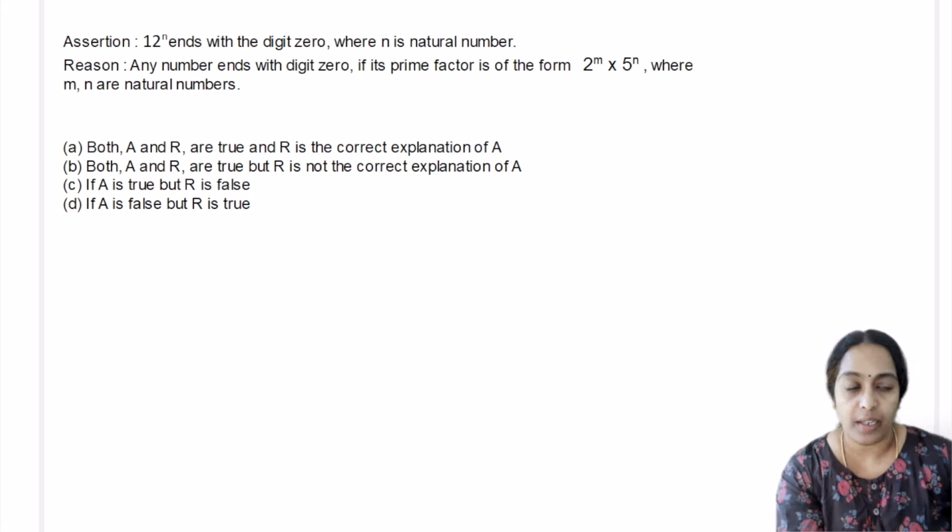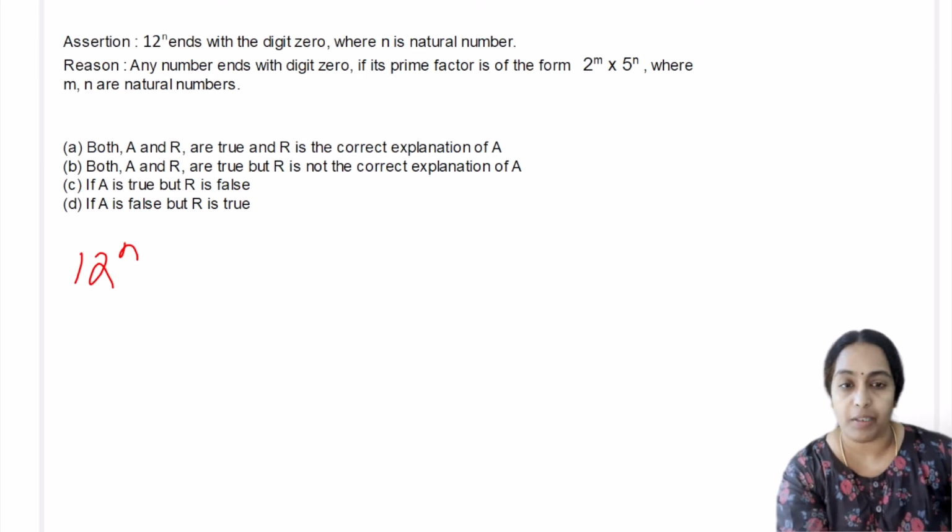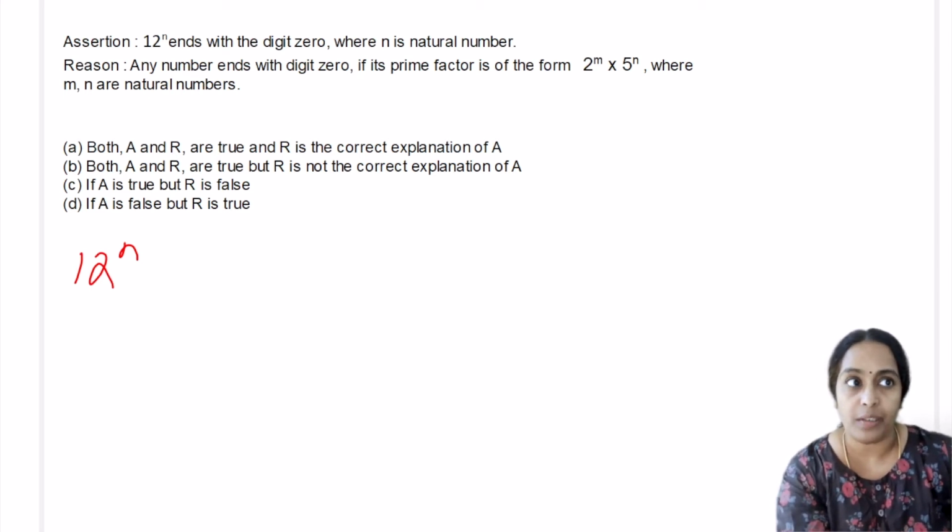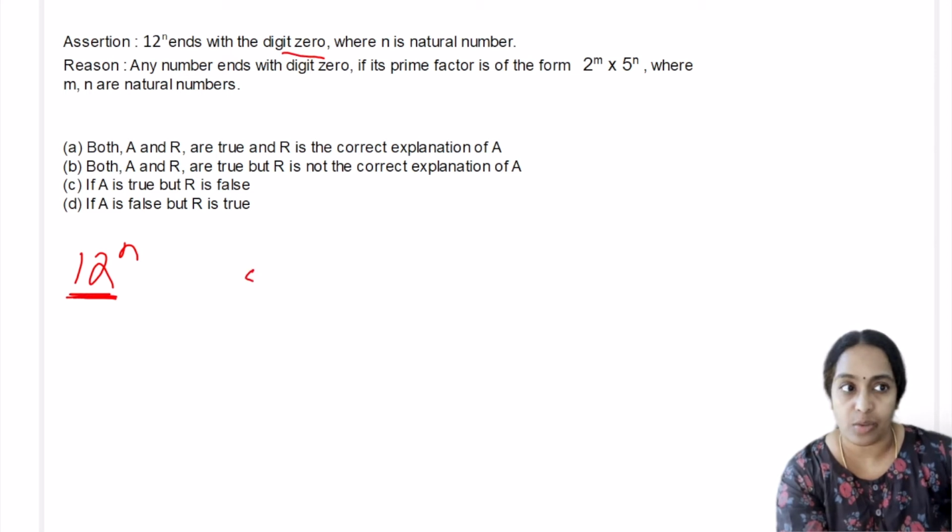So now looking at the assertion statement, 12^n. We know that for any number power n, like 12^50, it could be 12^20, it could be anything. To end with digit 0, the factors of this number need to be 5^m into 2^n. Only then it will end with digit 0.